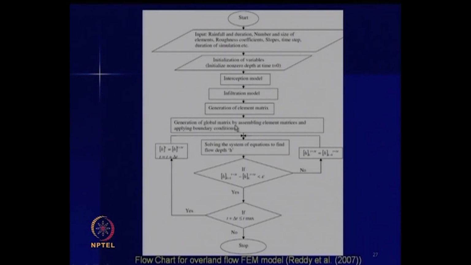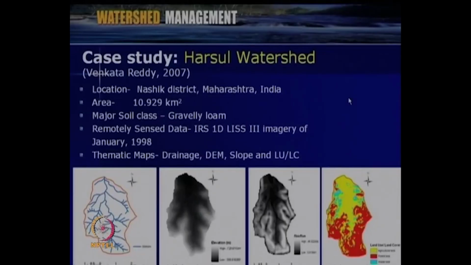Then we generate the global matrix by assembling the element matrices and apply the boundary conditions, and we continue the modeling until the entire time period is considered. This shows the typical flow chart for overland flow using the finite element method. Before closing today's lecture, we will briefly discuss one case study which was done by my student Vengal Reddy.